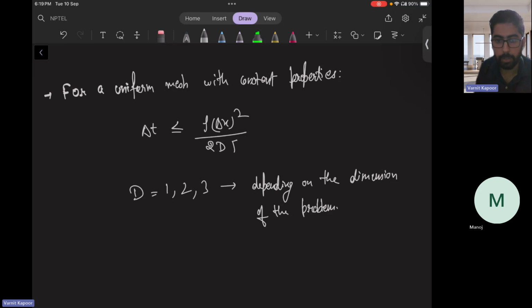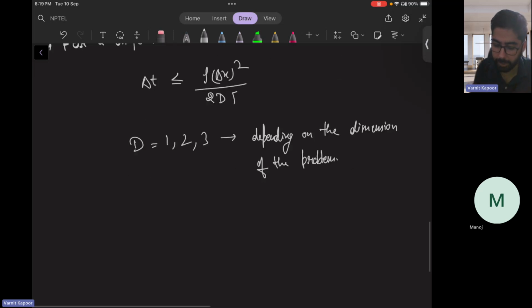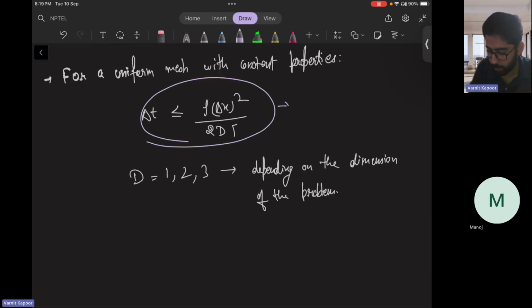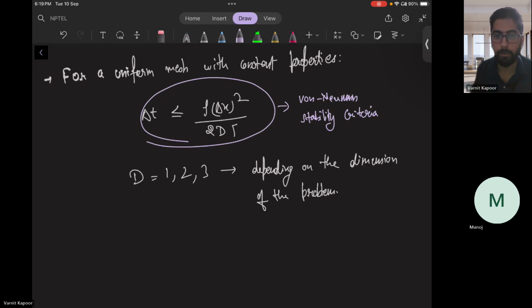We will see the proof of how this came from the von Neumann stability criteria in today's tutorial.